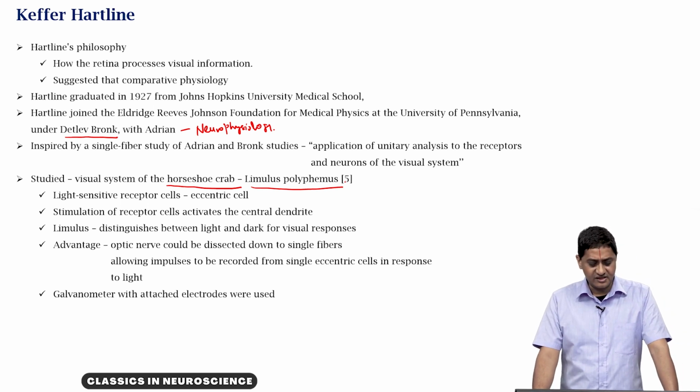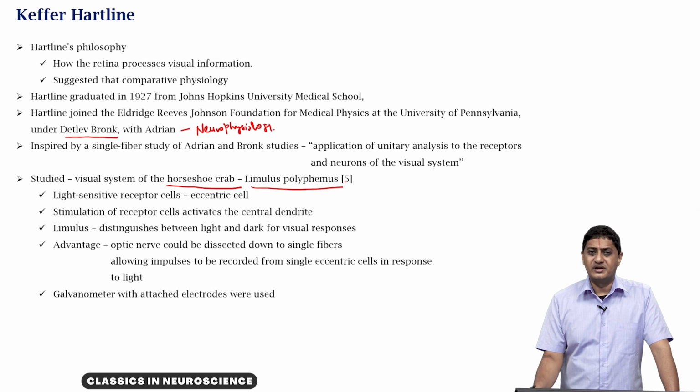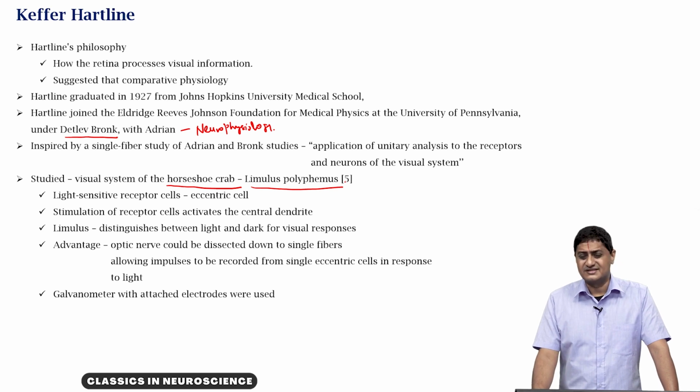There were these eccentric cells, the light sensitive cells that had receptors that were sensitive to light. If you stimulate these receptor cells by providing a physiological stimulus, that is light, it activates the eccentric cell itself.